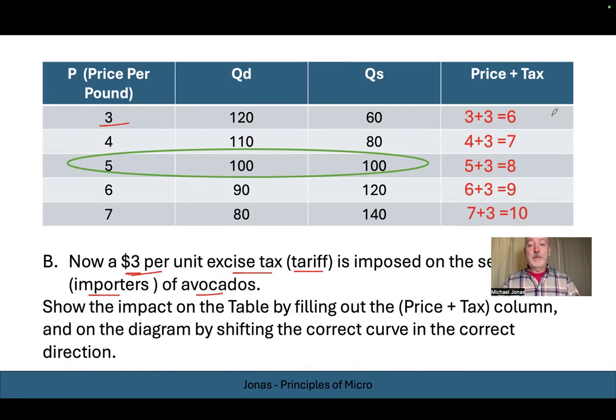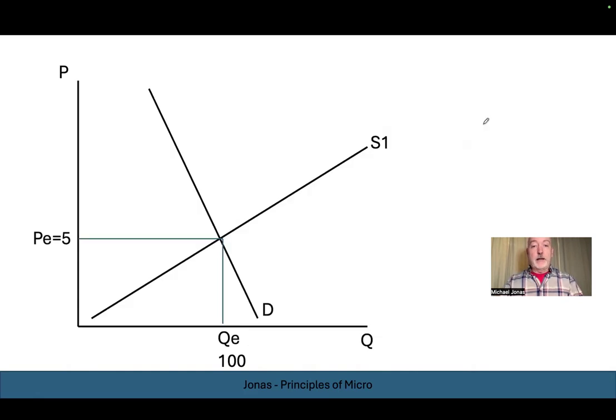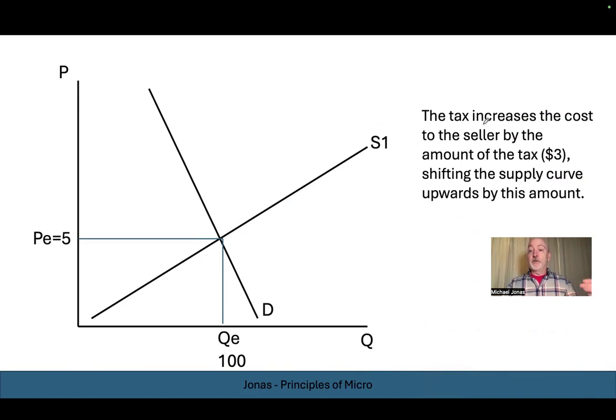Nice and easy. So now showing it on the diagram, we're going to be taking that original supply curve and just moving it straight upwards by the value of the tax. The $3 moving upwards at every quantity. And remember what this represents, the height of the supply curve is the marginal cost of producing that last unit.